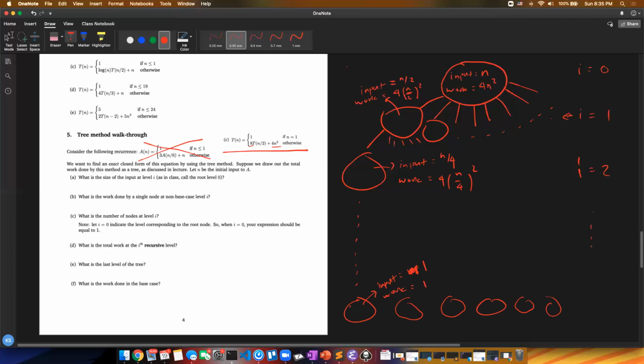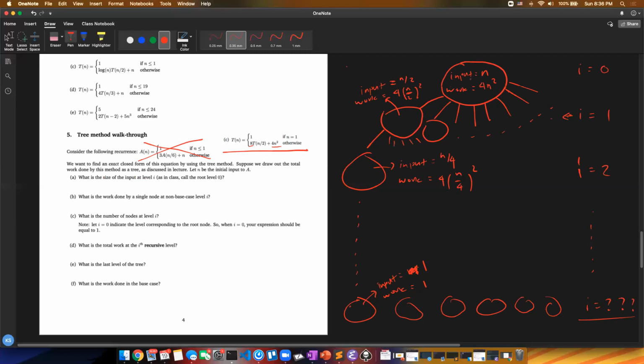And we don't know what our last level i is, so we'll have to figure this out later. So we have this tree structure, and we're trying to combine all of this work done in order to find the total for the asymptotic analysis. And so to go back to our first question, what is the size of the input at level i?